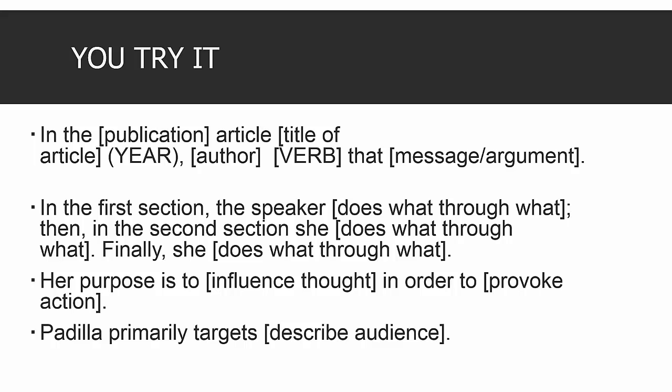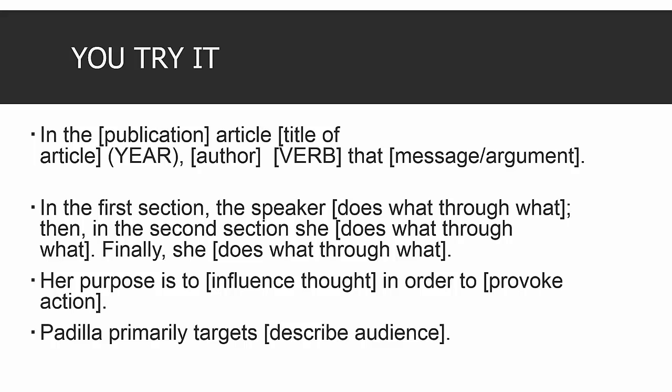Remember the example that we talked about in class today, where Padilla illustrated how people in the Latino community often try to bring each other down. So that's the what. And then how she did that was by using an allegory or an analogy of crabs in a bucket. So that would be what you would say there.